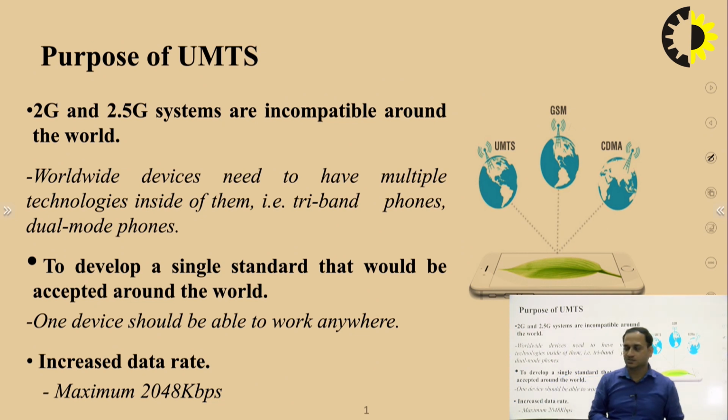So the purpose of UMTS is the advancement of 2G and 2.5G systems, which were incompatible around the world at that time. So worldwide UMTS was used, which has multiple technologies inside it.